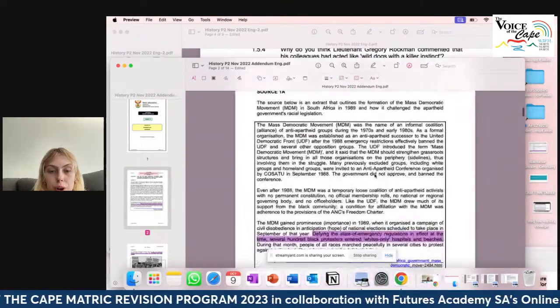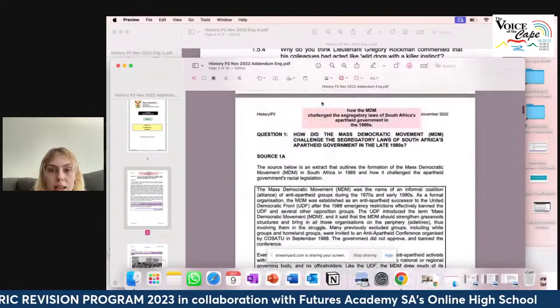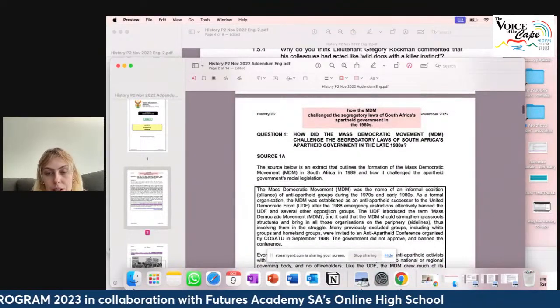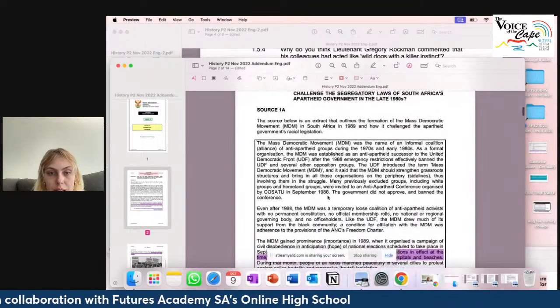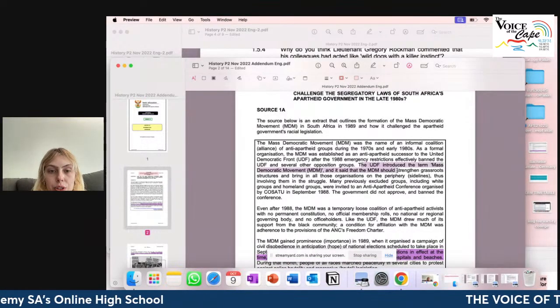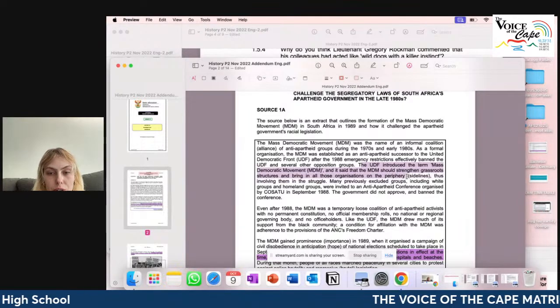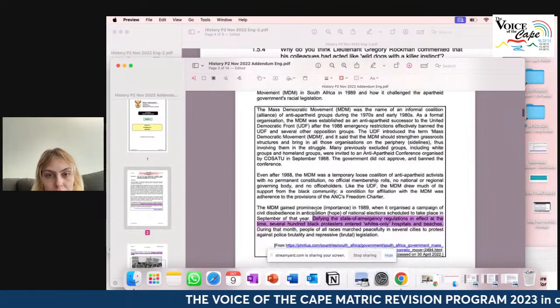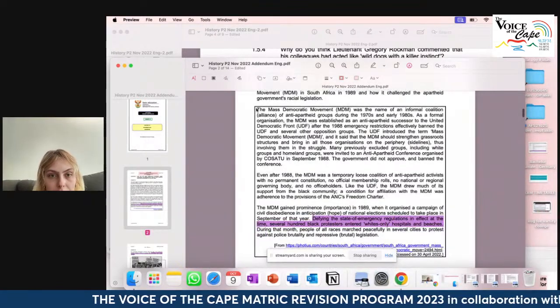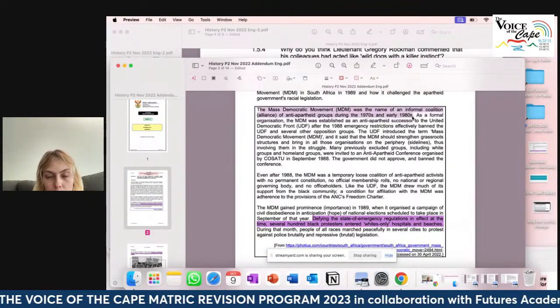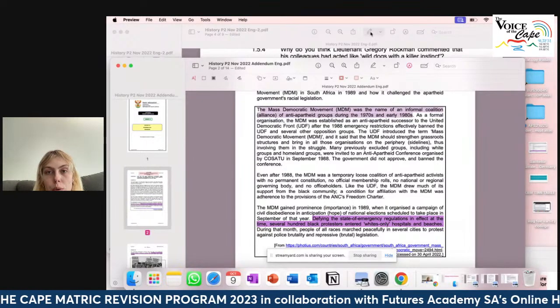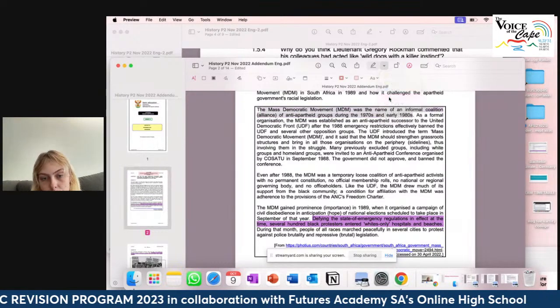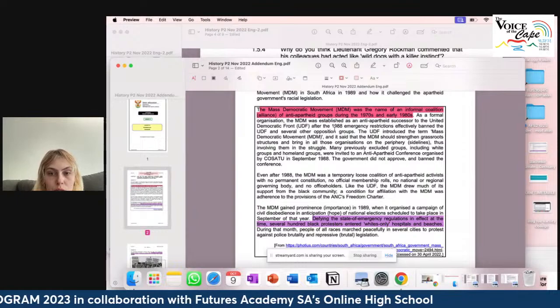Then you go through every source with a highlighter and look for instances or examples of how they did it. Here they say they introduced mass democratic structures and grassroots structures. And then here it says it was an establishment. So maybe you could start with this informal coalition of anti-apartheid groups, making sure to say anti-apartheid groups.